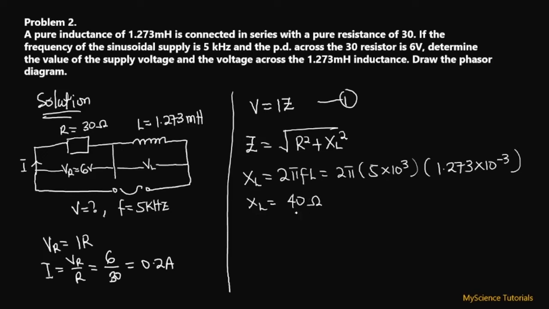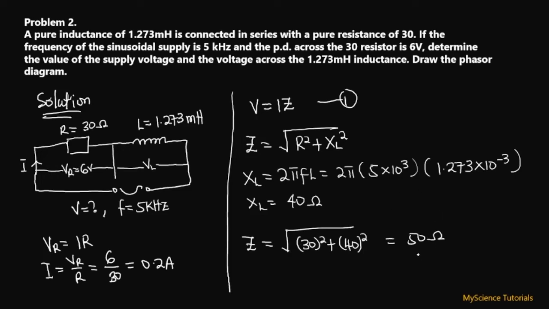Now that we have XL to be 40 ohms, we can calculate our impedance. Z is equal to the root of 30 squared plus 40 squared. If we compute this in our calculator and find the root, we get 50 ohms as our impedance.